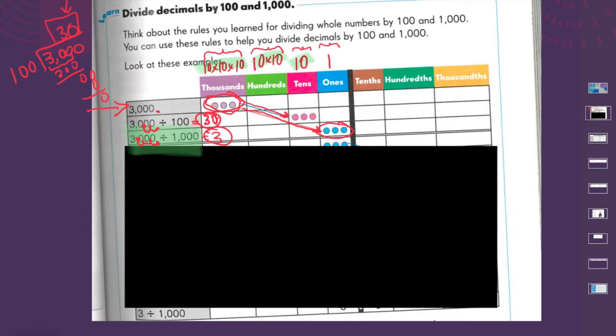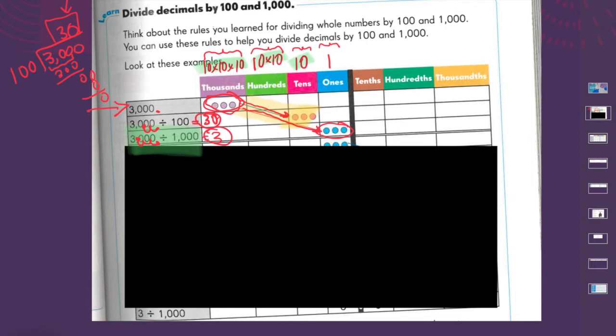So now let's look at some comparisons. You've probably noticed that when we divided by 100, look at how many place values we moved in the place value chart. How many places our place value chips moved? So we started in the thousands. We moved 1, 2 place values to the right to regroup to 3 tens.